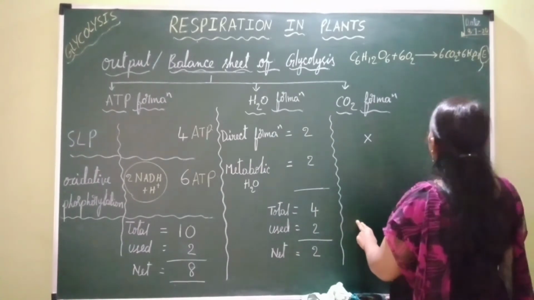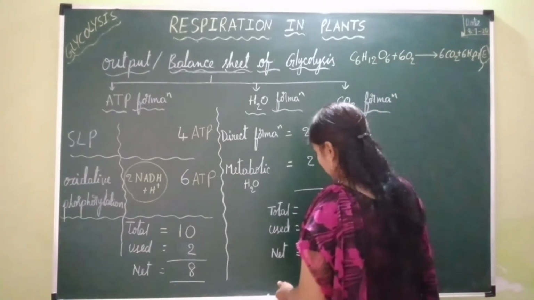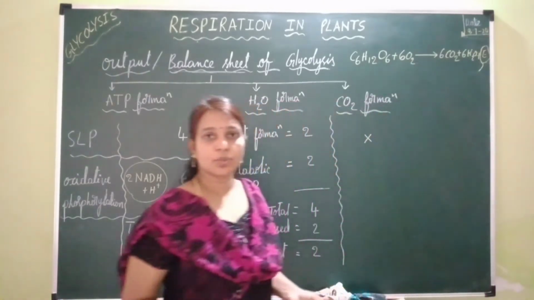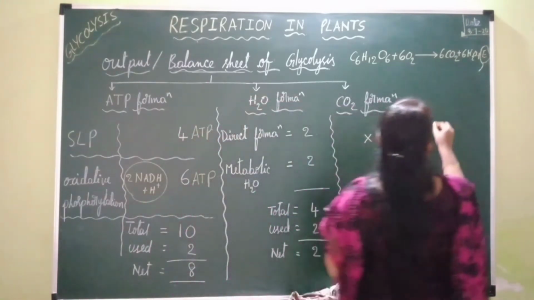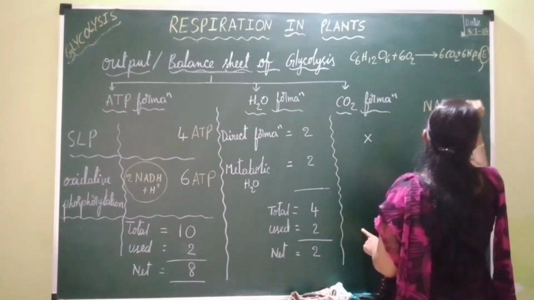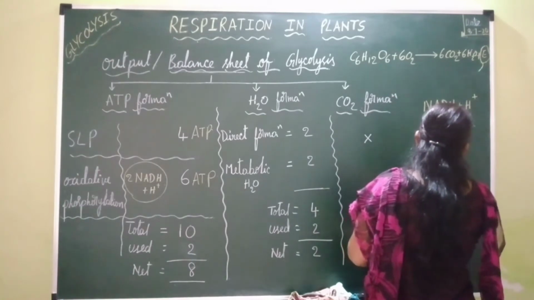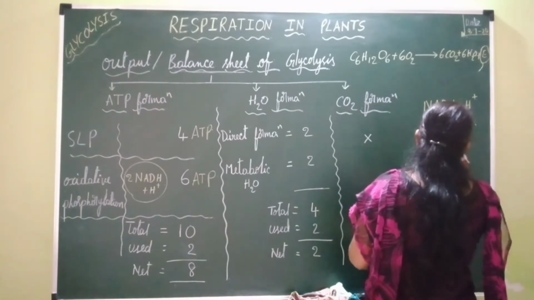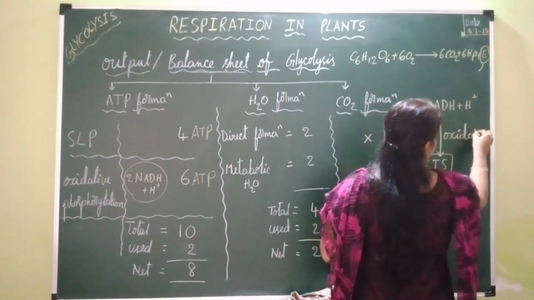Just now we discussed that the energy stored in the form of NADH2 or FADH2 cannot be utilized by the cell directly, and hence this NADH2, that is NADH plus H plus, undergoes breakdown or oxidation through ETS.